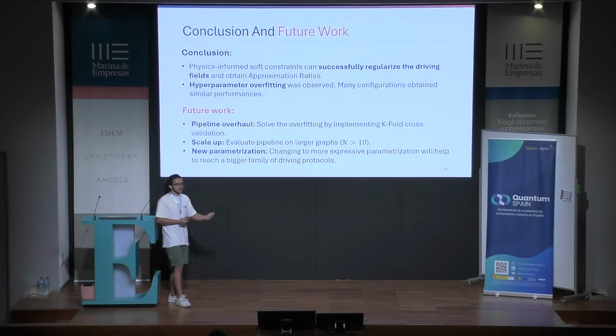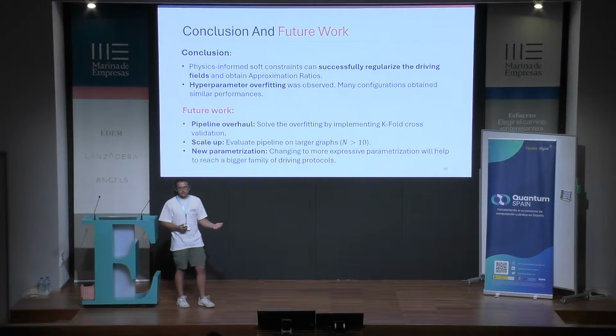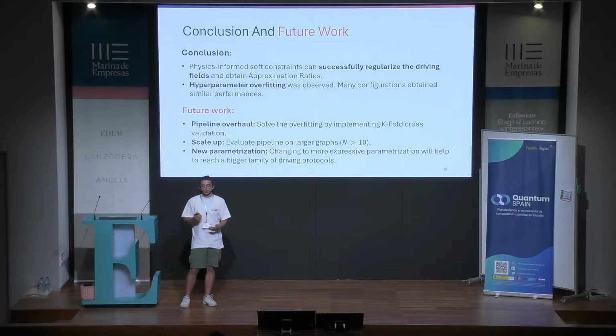However, the generalization test showed that we are suffering from hyperparameter overfitting, which motivated our future steps. First, we would like to move away from isolated grid searches and implement rigorous k-fold cross-validation, so the configuration that we find not only achieves better results, but we can also generalize it to many different graphs.